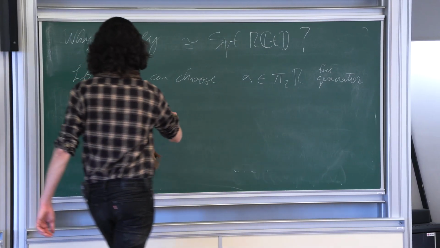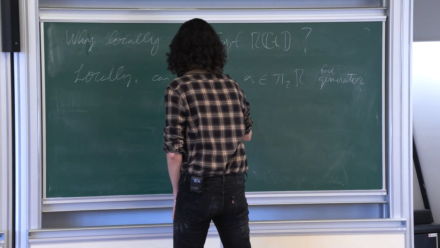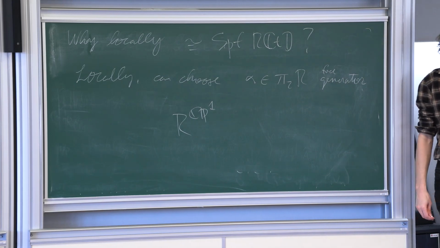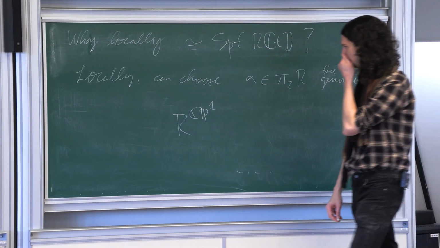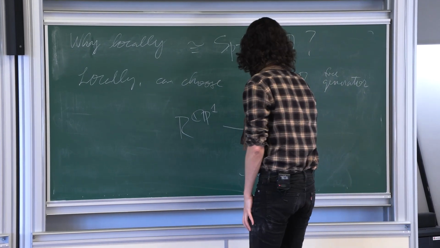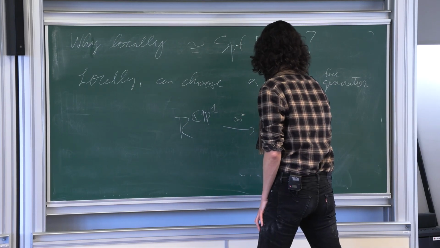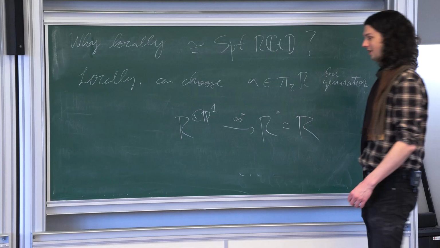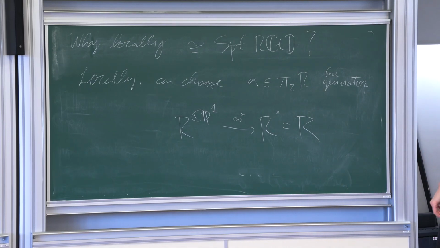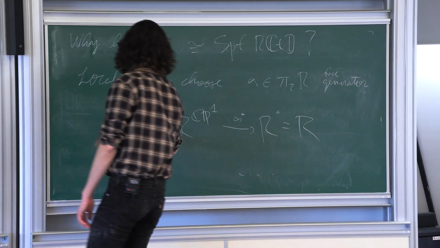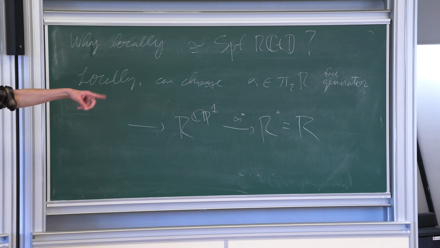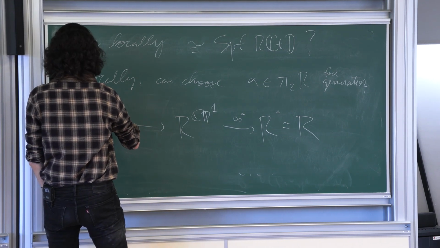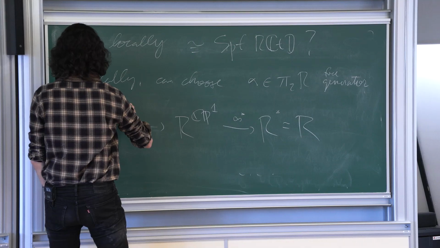Now let's look at, for example, R CP1, the very first step. So the cohomology of first complex projective space. We can restrict to infinity, and we get a map to R. And the kernel or the fiber term is like the cohomology of, by definition, CP1 relative to infinity.